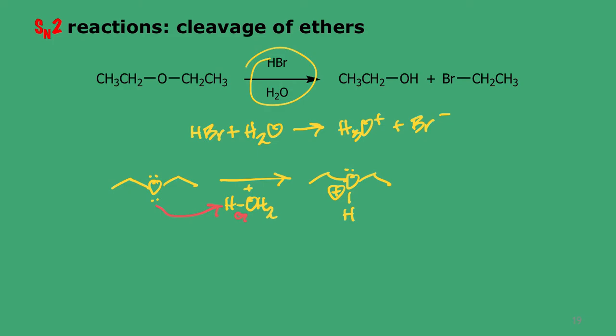So we end up with this protonated species, and that species can now undergo SN2 reaction. And it can undergo an SN2 reaction much in the same way that the alcohol did, like so.